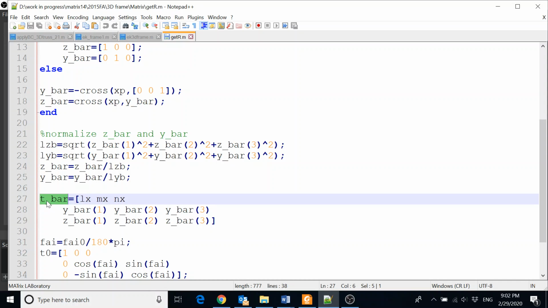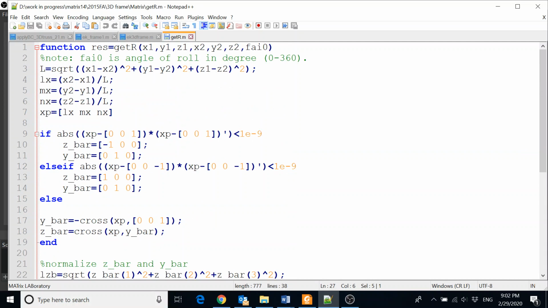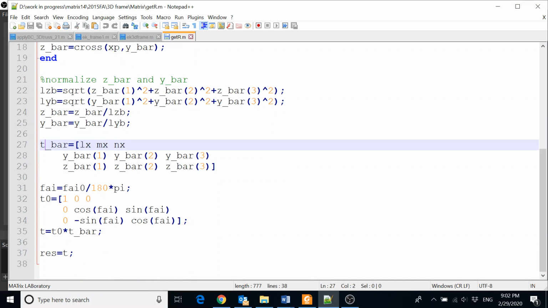I call it T bar. It's in the notes. It's R. Okay, I use R bar. T is a different thing. What am I doing? I said get R, but I'm using T. But anyway, so R bar is this, X, Y, Z in the unit vectors.